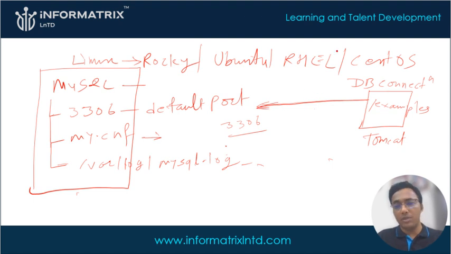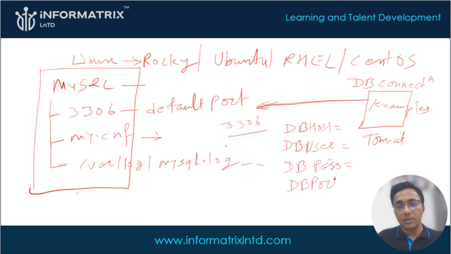Database connection properties can have four to five components, like DB host. Let's understand this: DB host equals, then DB user equals, DB pass equals, DB port. What does it mean?